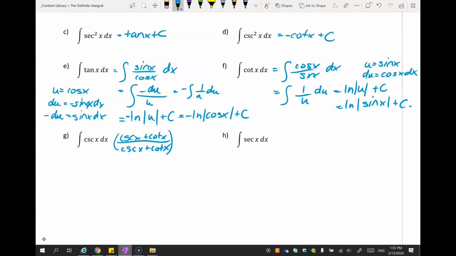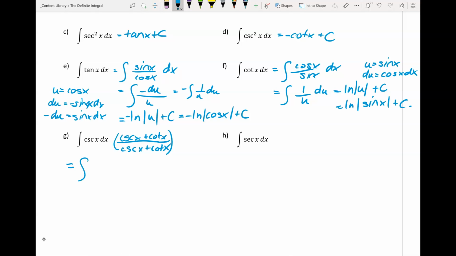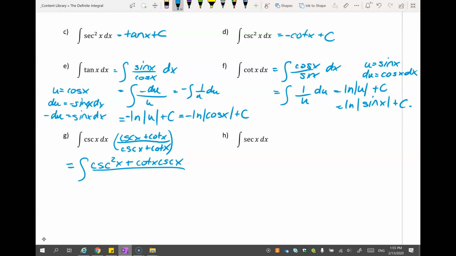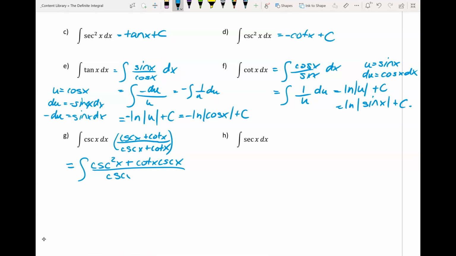And you're going to see why in a moment. I'm going to simplify this. So we have cosecant squared x plus cotangent x cosecant x all over cosecant x plus cotangent x.